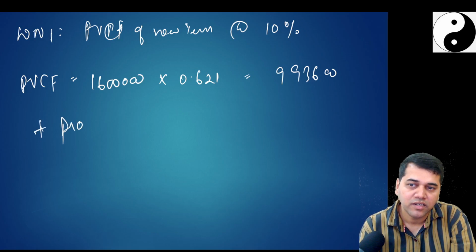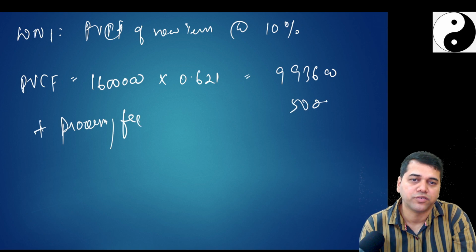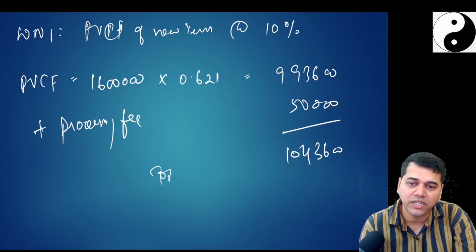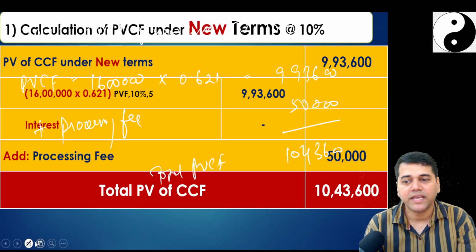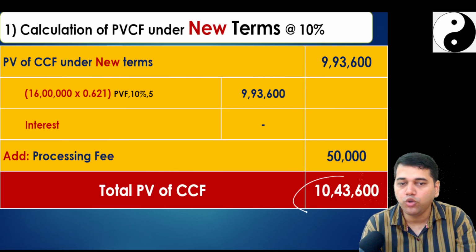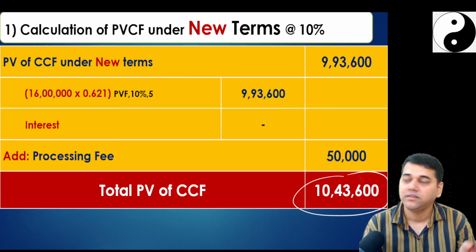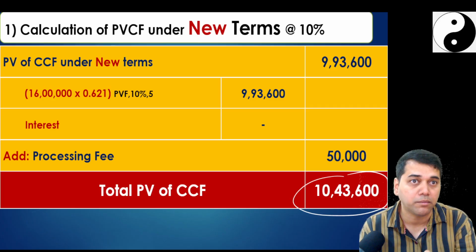Yes, add processing fee 50,000. So 10,43,600 is the total PVCF. Followed? And again, this number has no accounting entry. This is a meaningless number for accounting, but a very meaningful number for comparison.